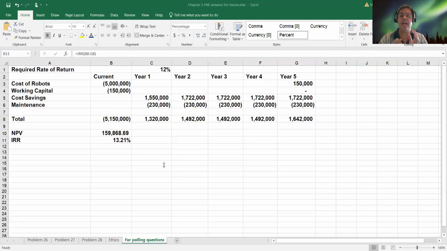What would happen to the NPV for the robots if RCT reduced the required rate of return to 10% and recalculated the NPV? Would it stay the same? Would it go up? Would it go down? Or I can't tell without more information.